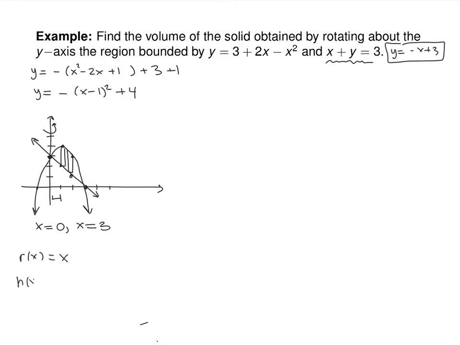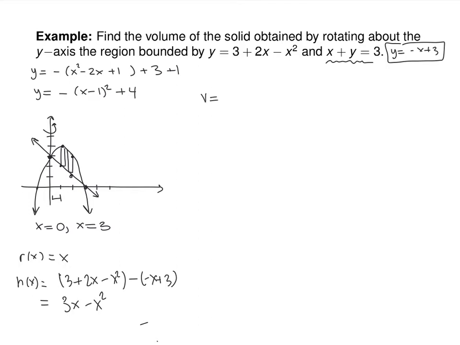And the height here, well, that's just the top curve minus the bottom curve. So that's 3 plus 2x minus x squared minus negative x plus 3, which is the same thing as 3x minus x squared.